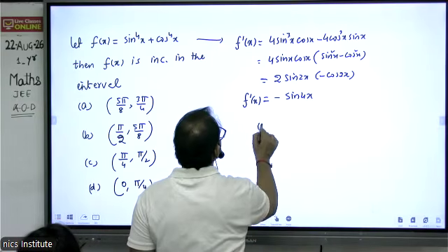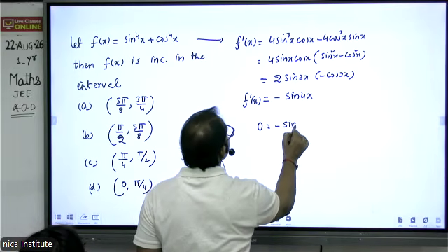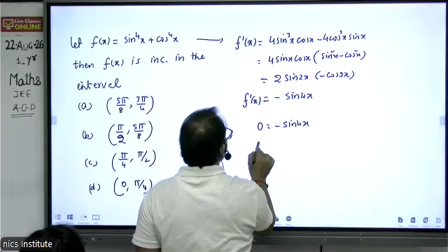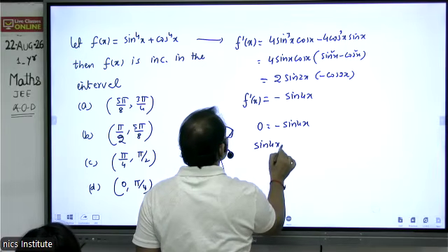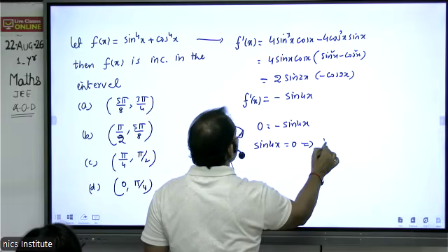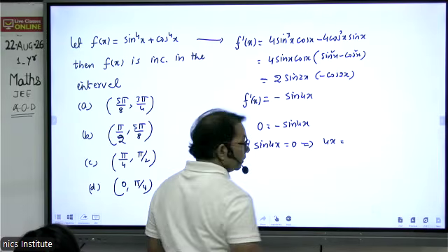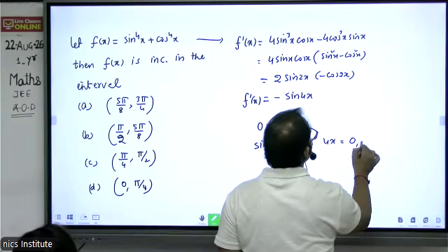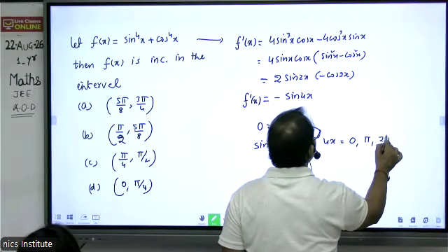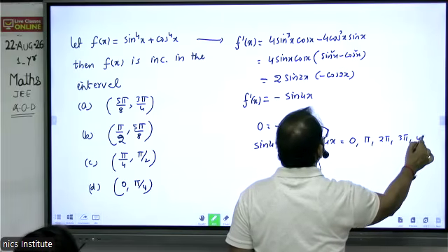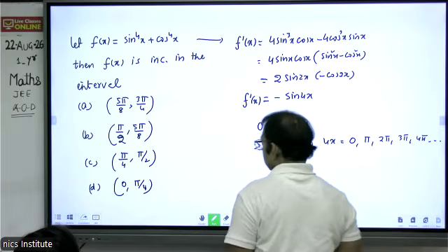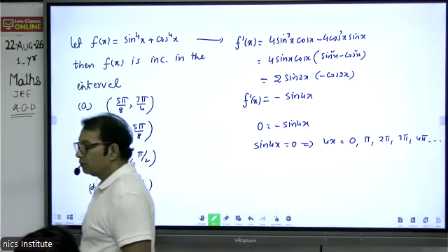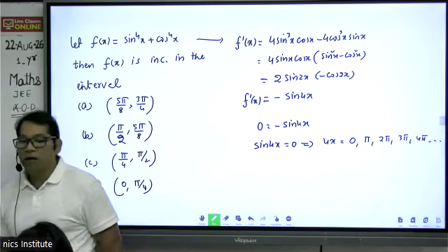Now derivative equal to 0. So sine 4x is equal to 0. Sine will be 0 at n pi. N pi, you understand? 0, pi, 2 pi, 3 pi, 4 pi, and so on, because sine of n pi is 0.